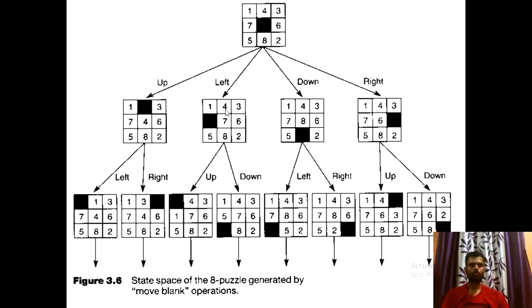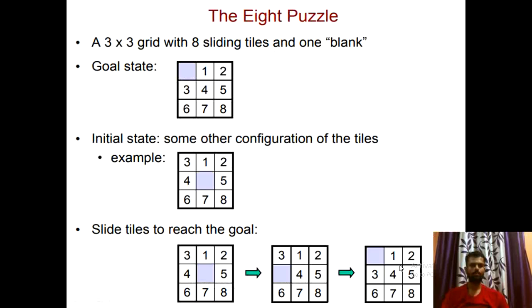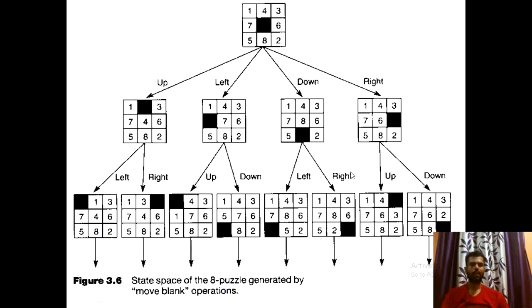Like this we form a hierarchical tree structure, and using this tree structure we can find an optimal or the minimal solution to reach our goal. That means how we can reach our goal with a minimum time or with a minimum possible action.